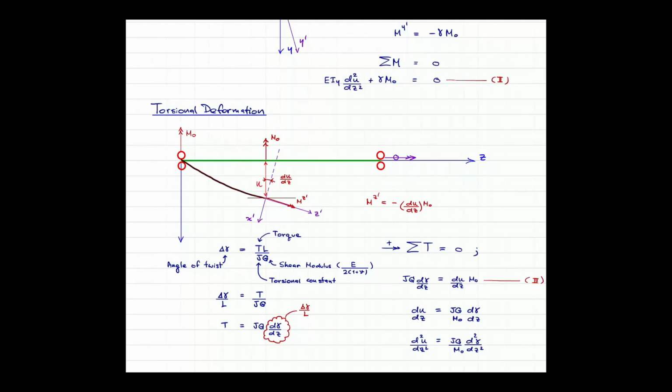Then we will use this given information. We take the derivative of du dz because we are going to plug this back into the equation number 2. So this will come into here.